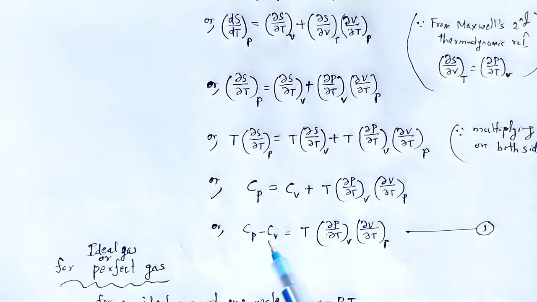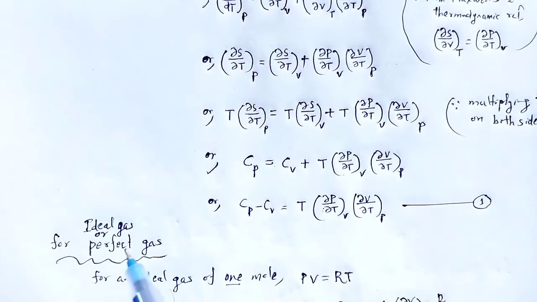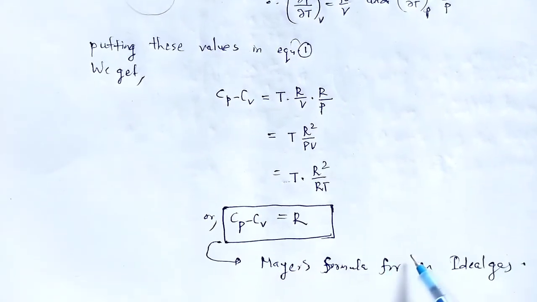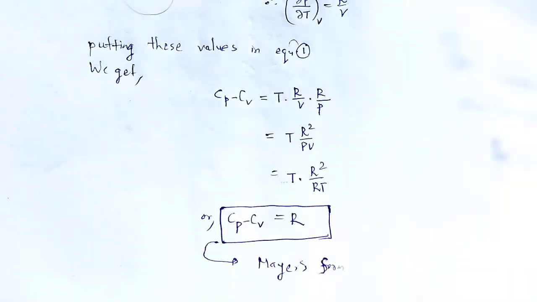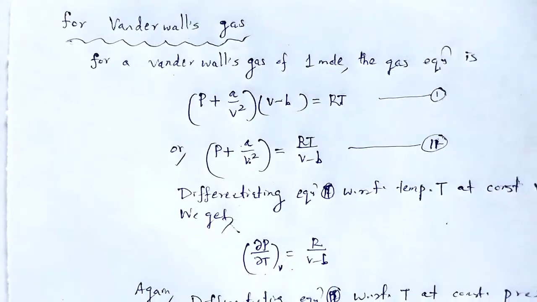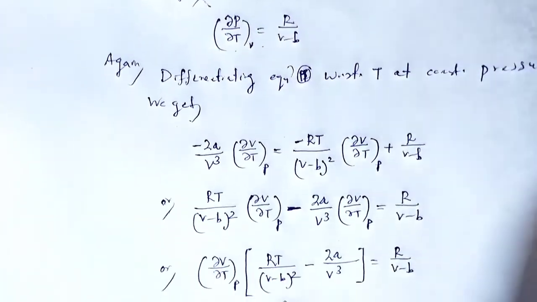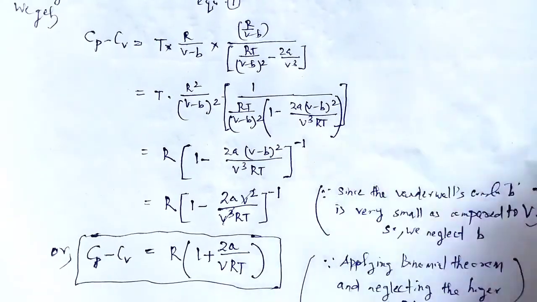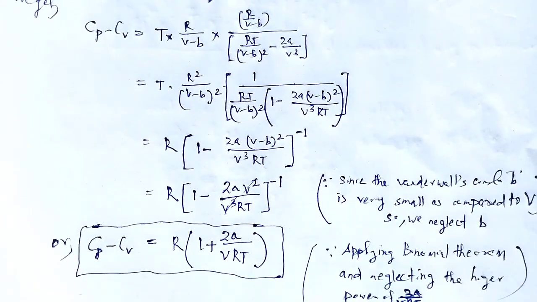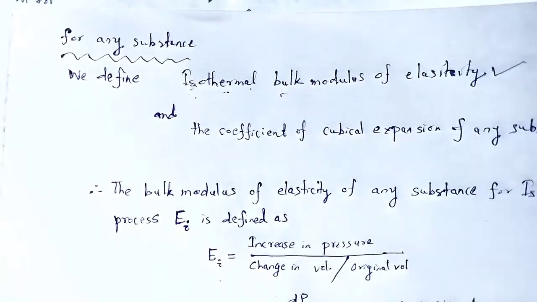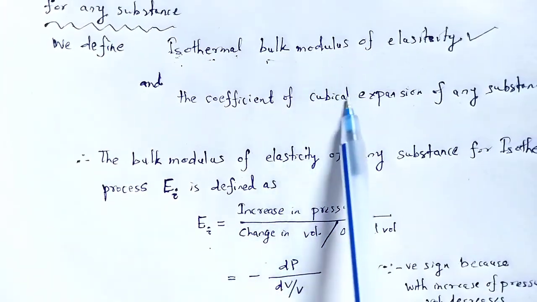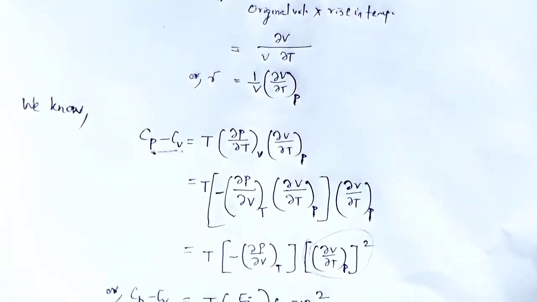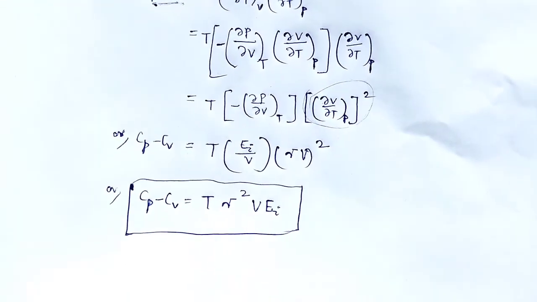First we get the relation, and for ideal gas or perfect gas we take Cp minus Cv equal to R. Then for van der Waals gas we find out Cp minus Cv, and finally for any substance, by defining these two points we get the result of Cp minus Cv.